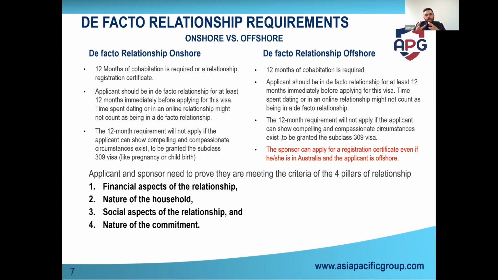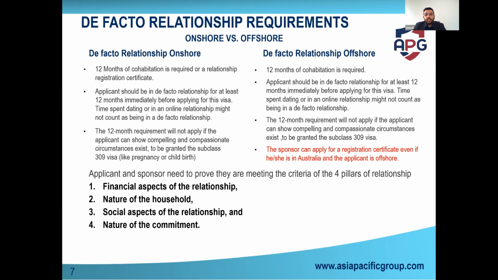Okay. Now, if you're in a de facto relationship offshore, it's slightly more complicated, but again possible. You have to show that you're living together for 12 months. But a lot of times people who are in Australia cannot show that, let's say they have a partner in Vietnam, for example.